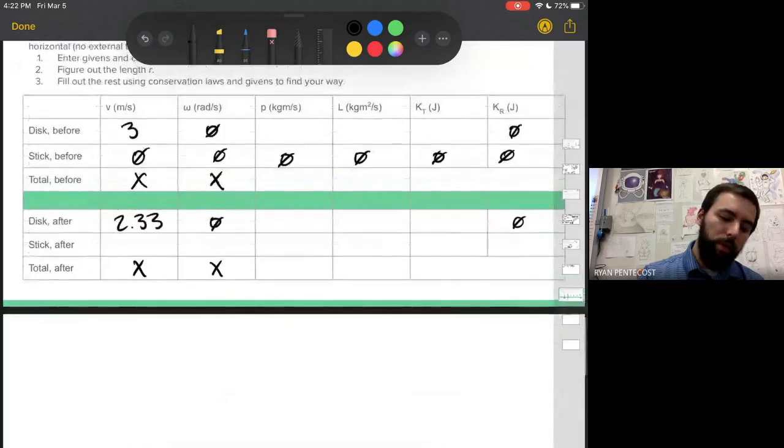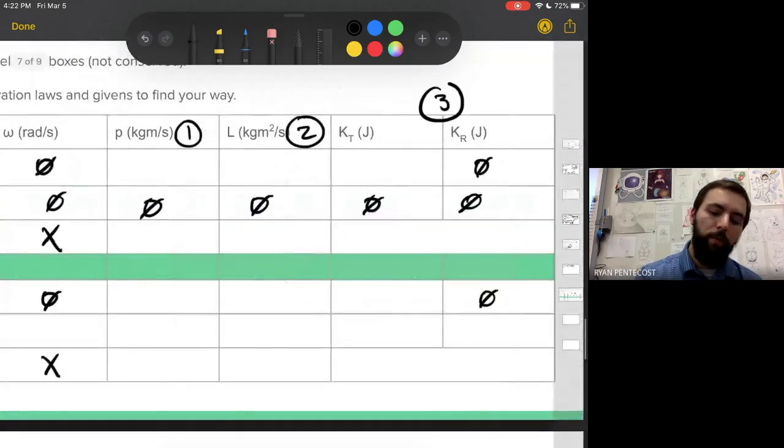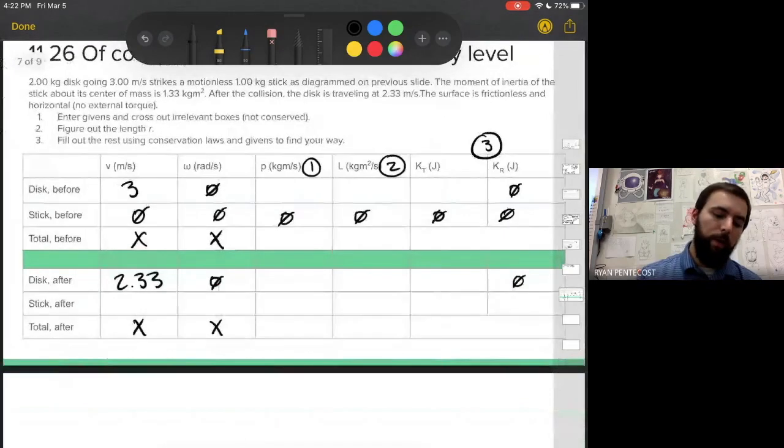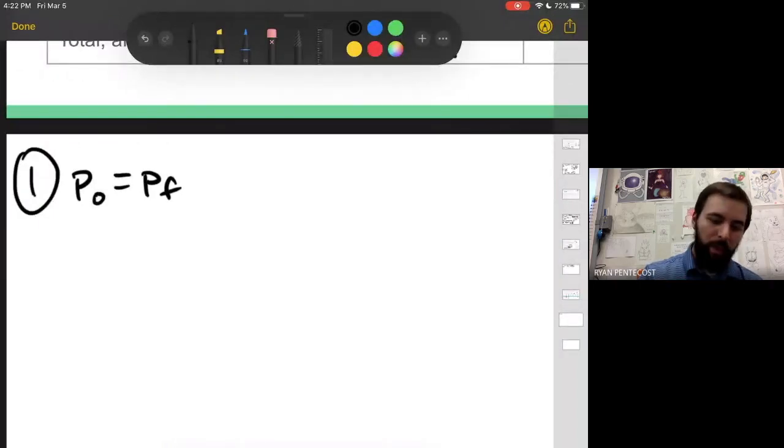First, we will solve for the conservation of momentum. Then we will solve for the conservation of angular momentum. And then finally, we will solve for the conservation of energy. So, first, we want P naught equals P final. Let's find P initial.